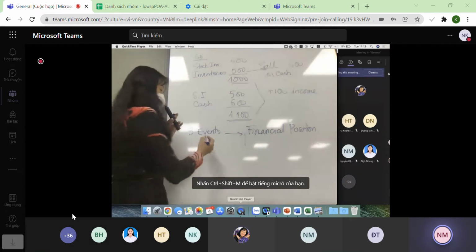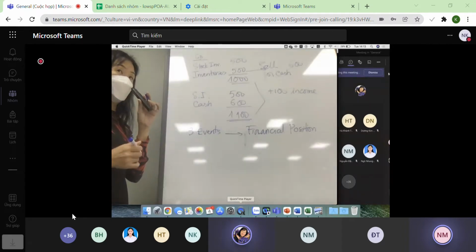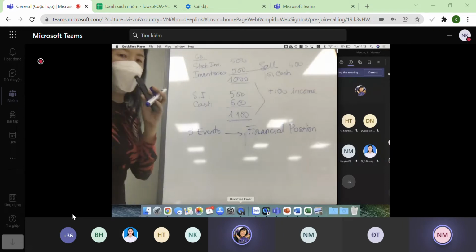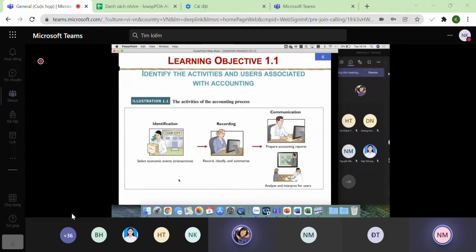And the events that affect the financial position of the company, we call them transaction or economic transaction. Here is the term, transaction. The events that affect the economic or the financial position of the company, we call this business transaction.